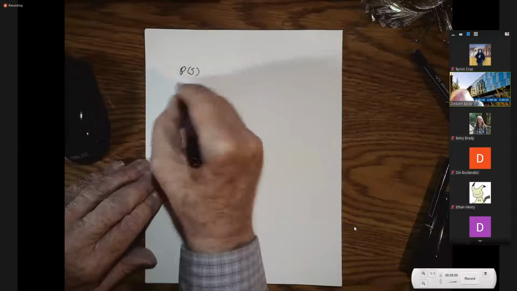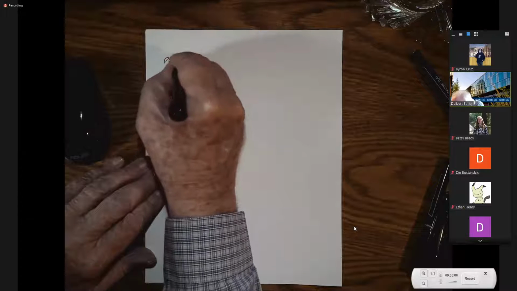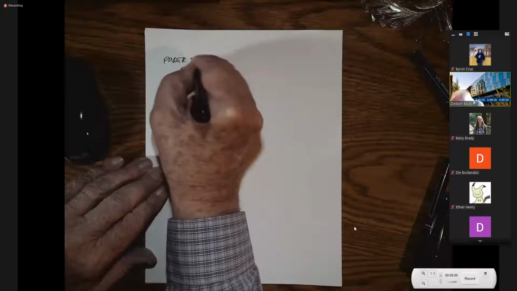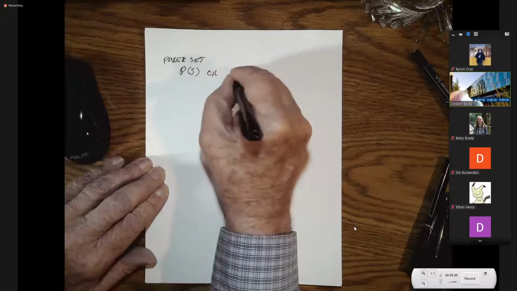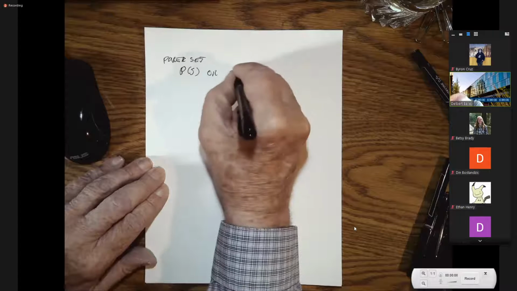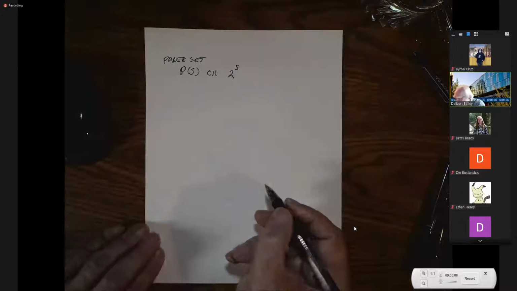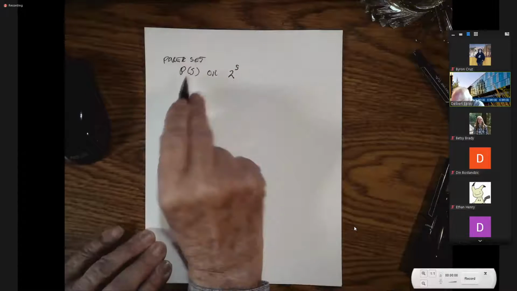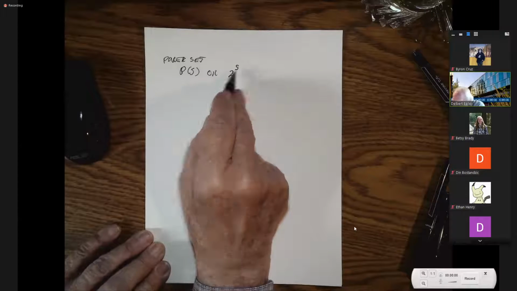Like the script P of S could be one notation for power set. Another one is to take the number 2 and put an exponent on it that's the set S. This means exactly the same thing as this, the set of all subsets of S.